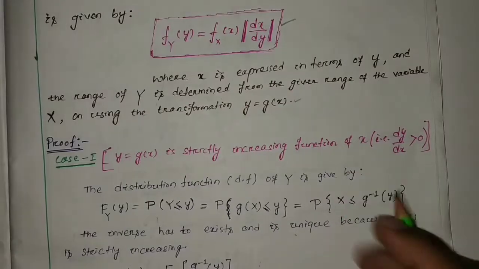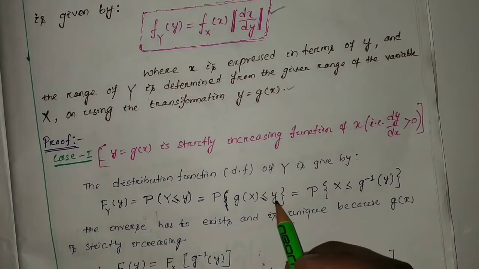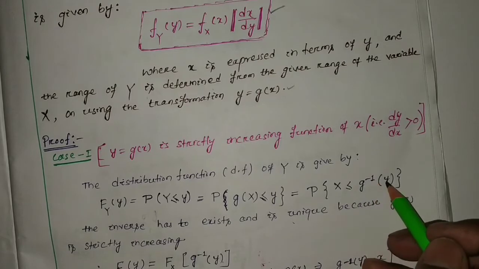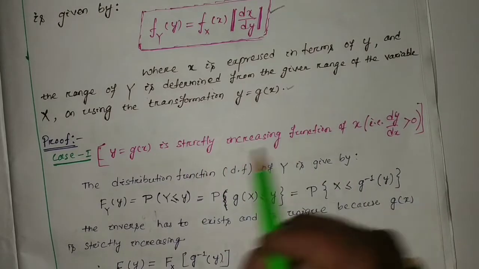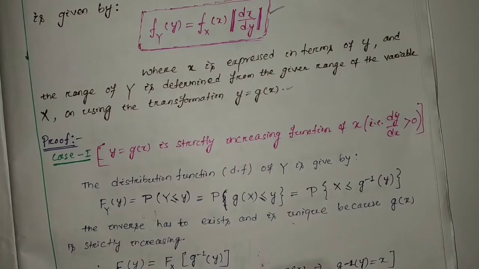So hence in all ways we can say that if g of x is less than or equal to y, then x will be less than or equal to g inverse y when g of x is a strictly increasing function of x.